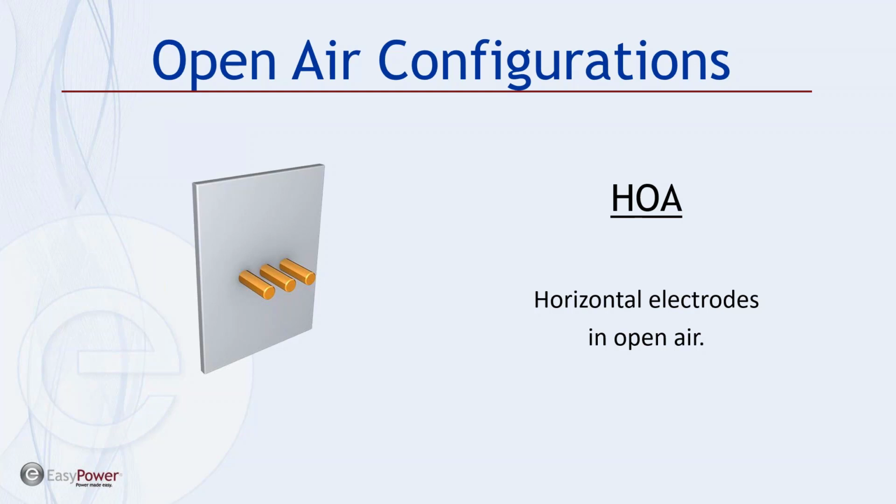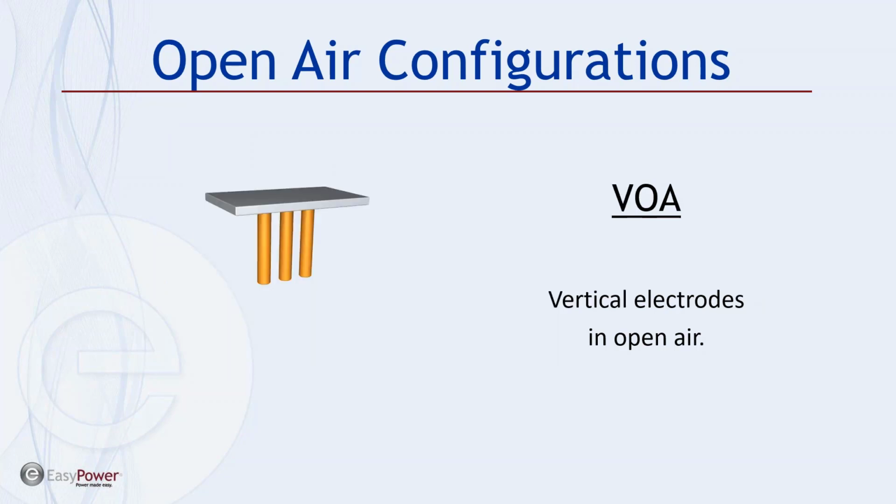Now, this is not a gravity thing, that if I have a vertical oriented termination and I'm standing under it to make whatever adjustments I need to make, then I have more exposure. And in fact, this question's already come up from someone in the audience, that if I were working under this type of electrode termination, I frankly would categorize this as a horizontal electrode configuration in open air.